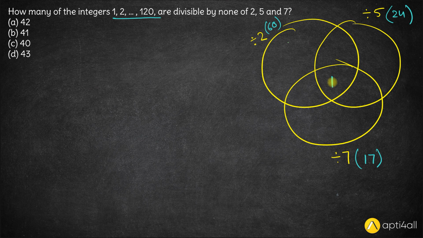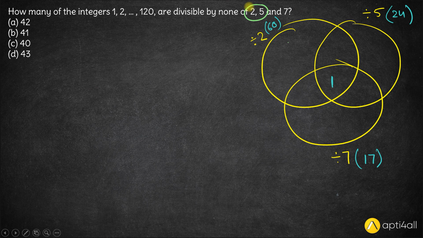Now let's calculate how many of these numbers are divisible by 2 and 5. They may or may not be divisible by 7, we are not bothered about that. I'm looking for 2 and 5.